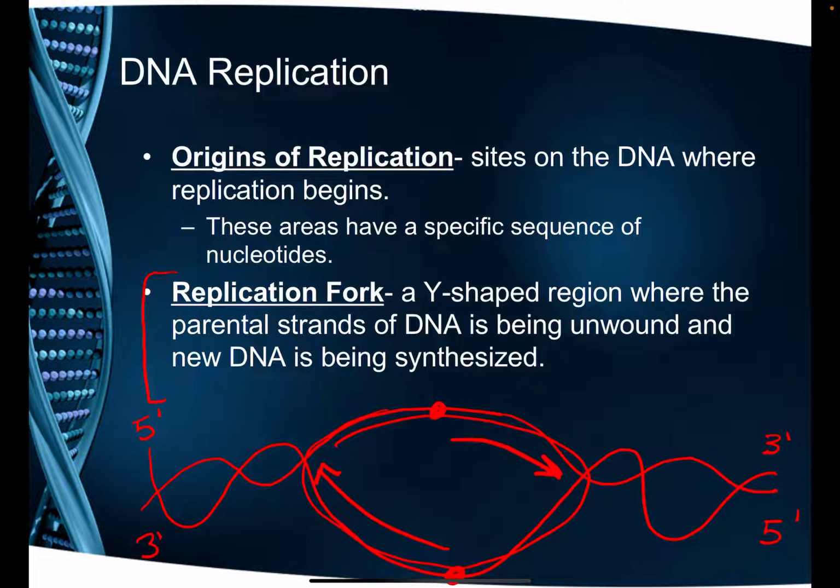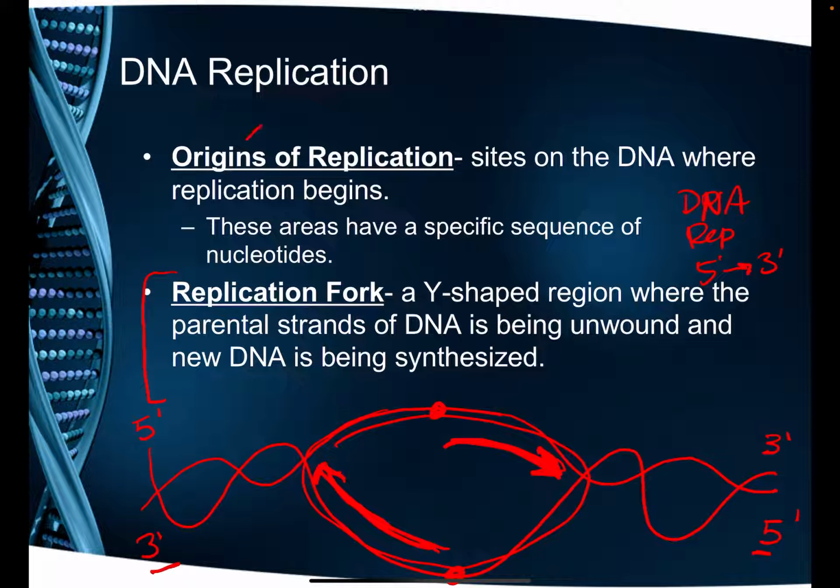And so DNA synthesis, notice the way that I wrote these arrows, is always going to happen, or replication, from the 5 prime to 3 prime direction. Okay? DNA replication is always 5' to 3' direction, okay? And that's very, very important.